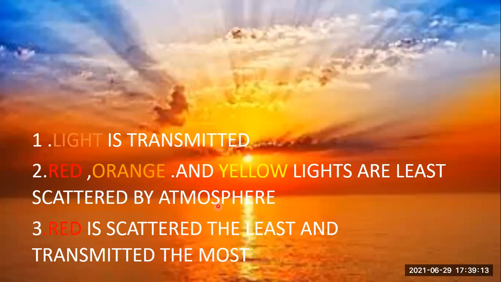This is the first fact. Red is scattered the least and transmitted the most. This is the basic concept of scattering and transmission. It means red light is transmitted the most.